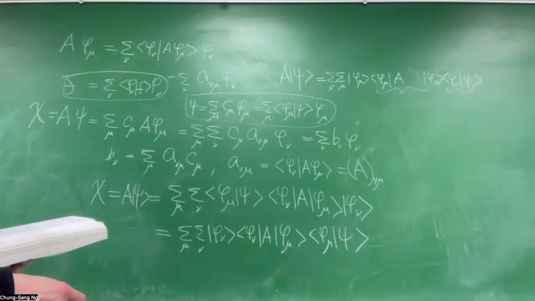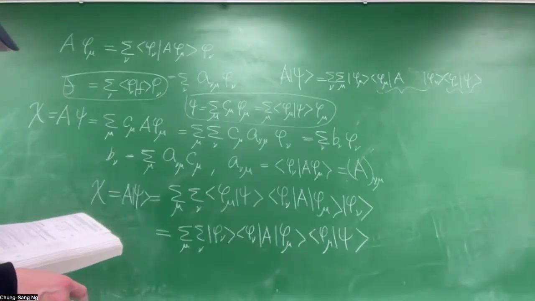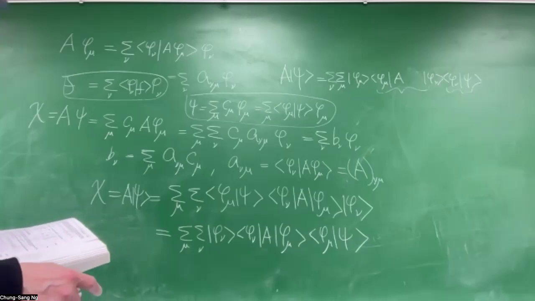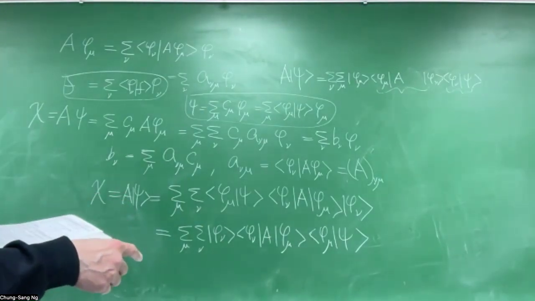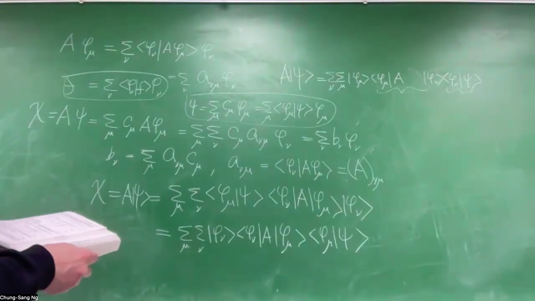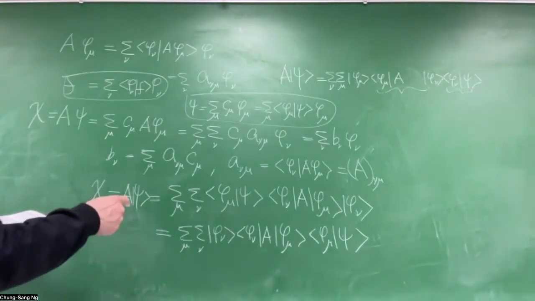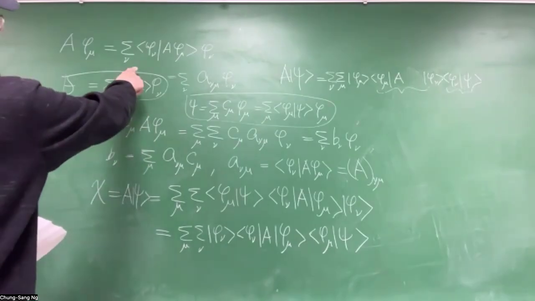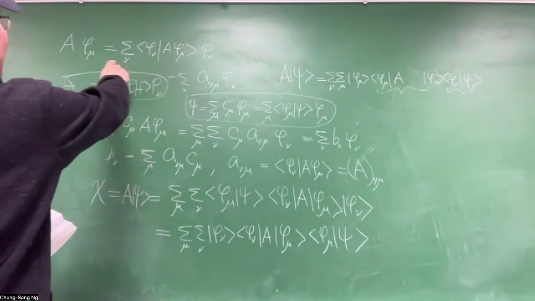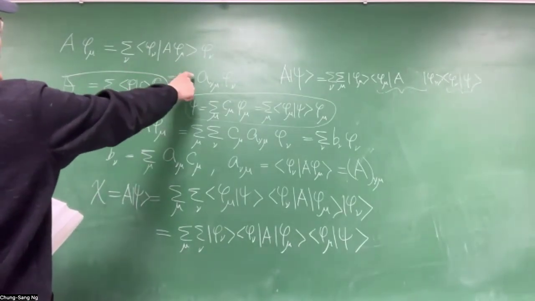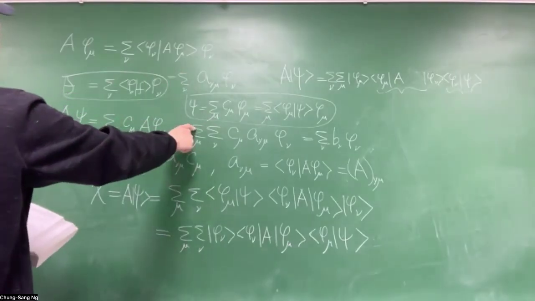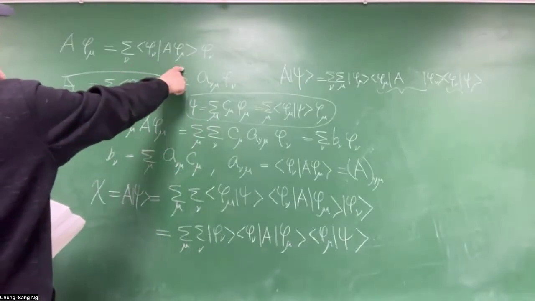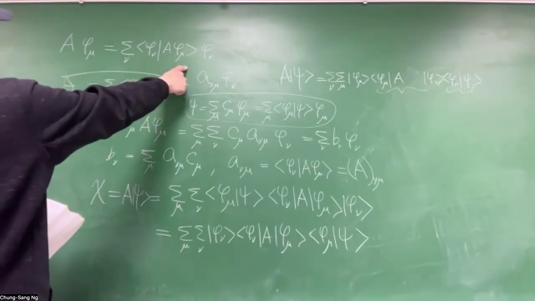The one more thing is also Dirac notation. Going back to here, this is how, after we get the expansion, if you look at the original way, this is just a scalar product.